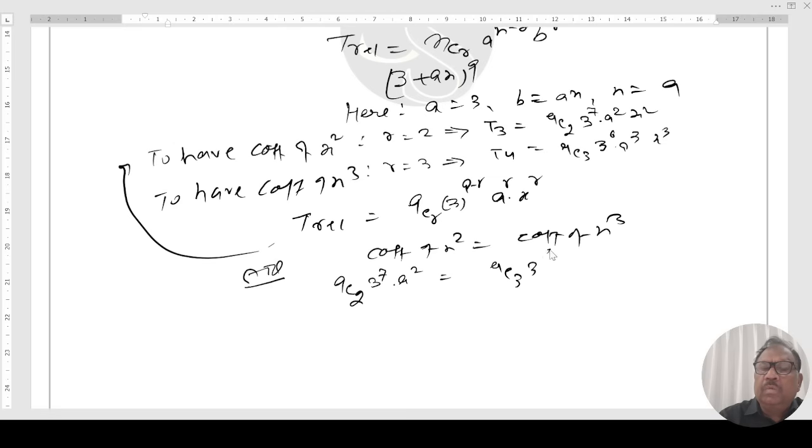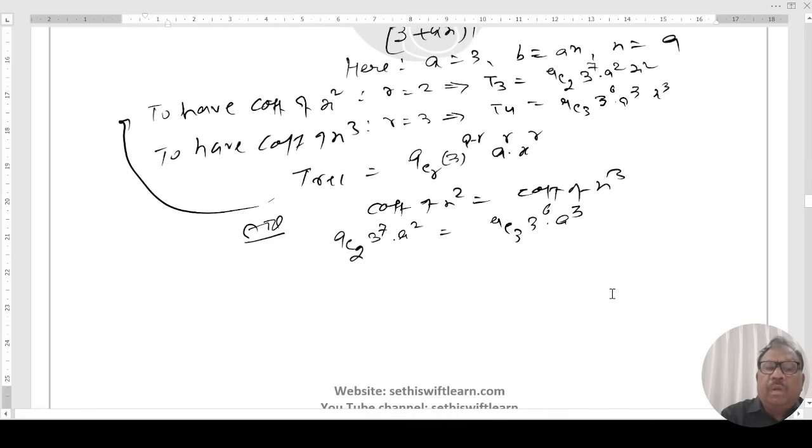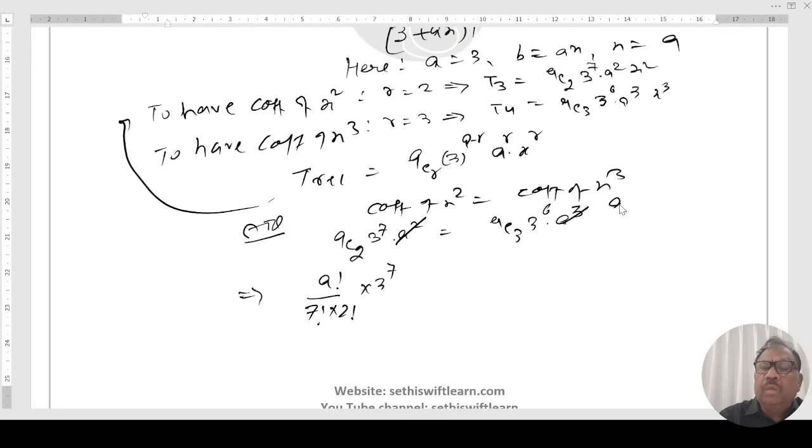9C3 3^6 a^3. Let us simplify this: 9 factorial over 7 factorial into 2 factorial, into 3^7, equals 9 factorial over 6 factorial into 3 factorial, into 3^6 into a.